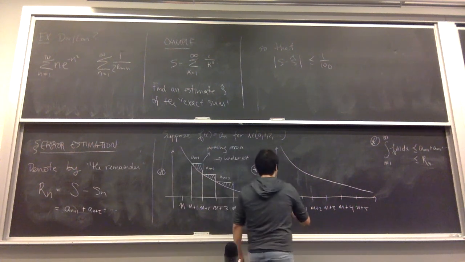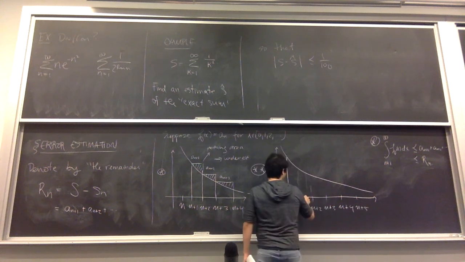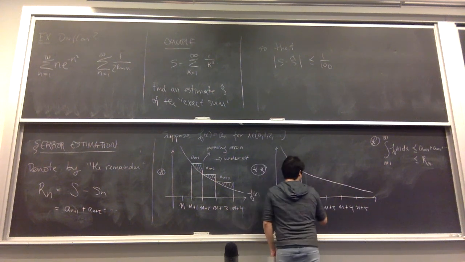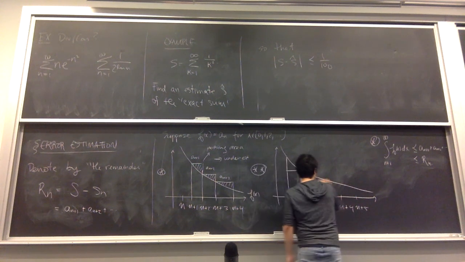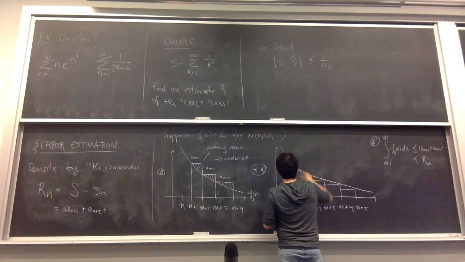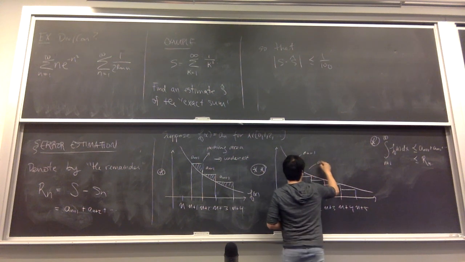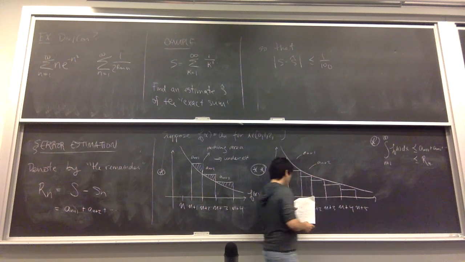If we look at the lower case, something like this. I always draw it wrong. Yeah, I almost did it again. Okay. This box here is going to be for a(n plus 1). This box here is going to be for a(n plus 2), and so on.